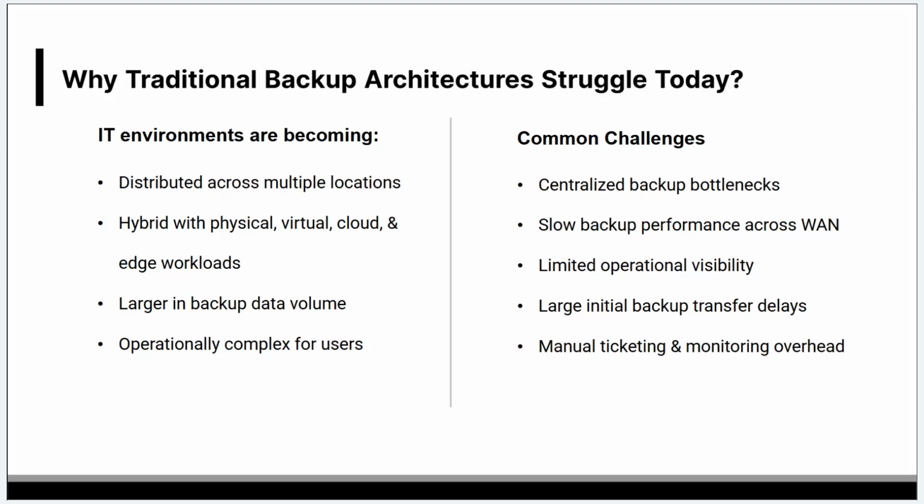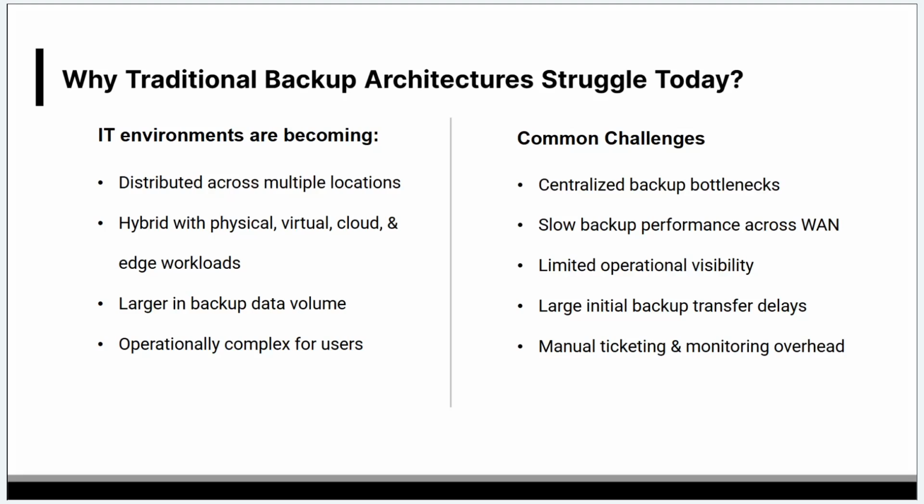And operational visibility is going to be very limited, because you can't see what is happening at all, because each time you have a crash, then initial backup transfers, which is the one I mentioned, a huge backup data. This is an incremental type of backup. The first backup is going to be a full backup, obviously. So that full backup to be transferred from one location to another is obviously going to hit larger resources, right?